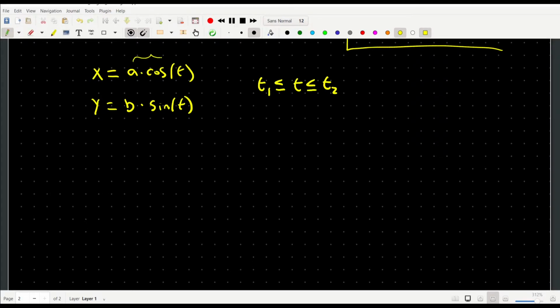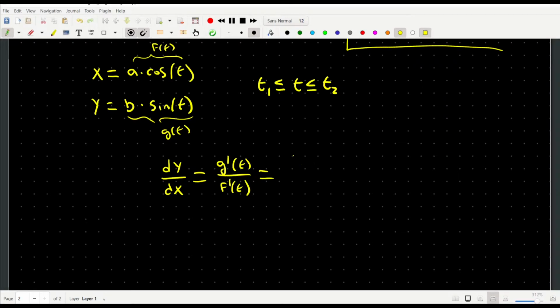So the idea here is that this is our f of t, this is our g of t, and to apply the previous formula, we then have that dy dx is equal to g prime of t over f prime of t, or the derivative of g, which is the derivative of b sine t, which is b cosine of t, over the derivative of cosine, which is negative a sine of t.